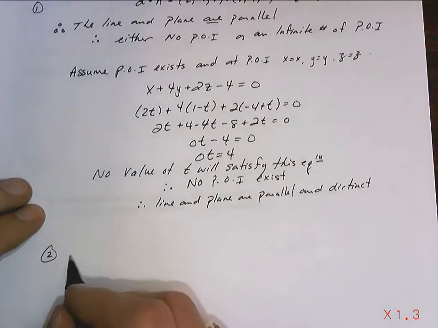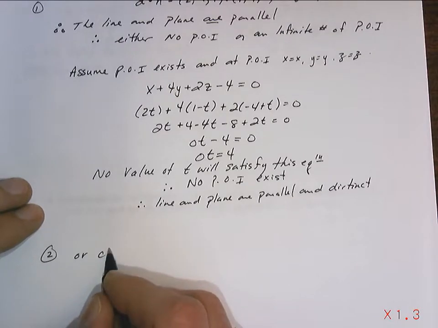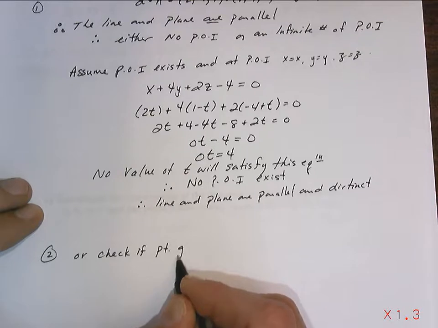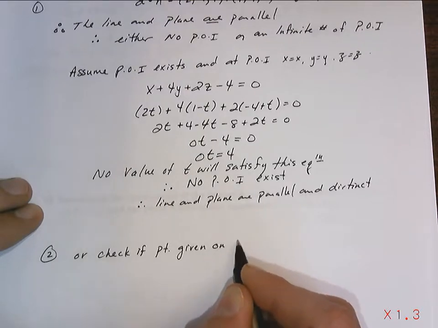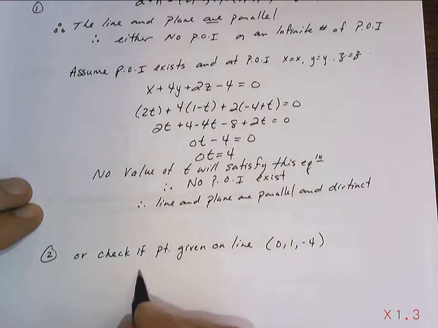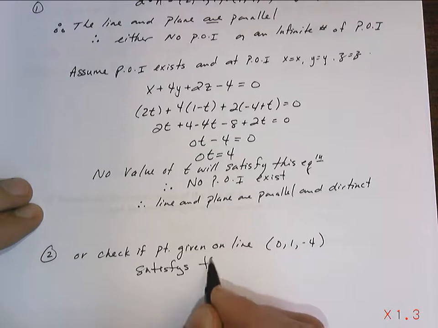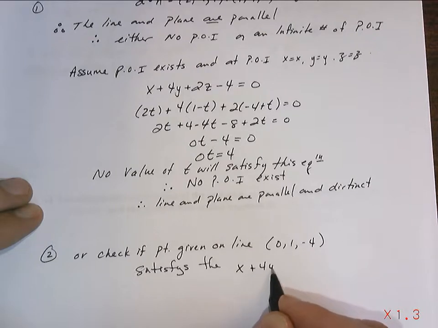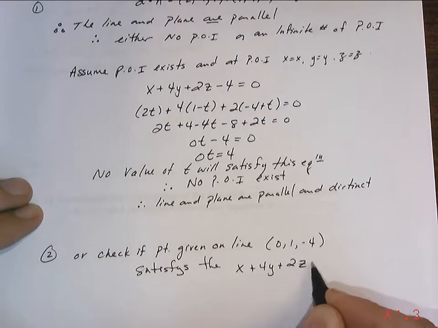So we could check if the point given on the line, 0, 1, negative 4, satisfies the scalar equation x plus 4y plus 2z minus 4.